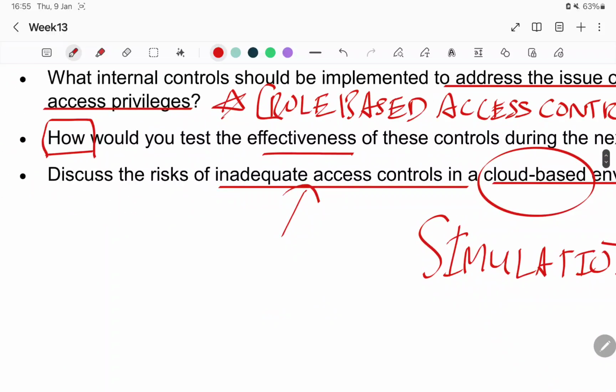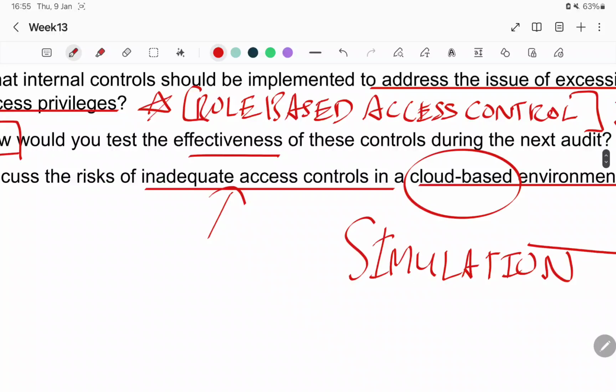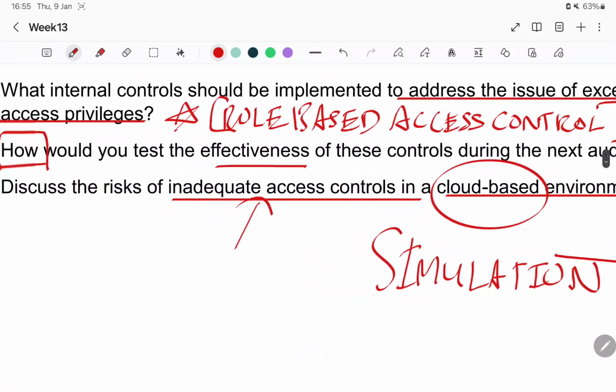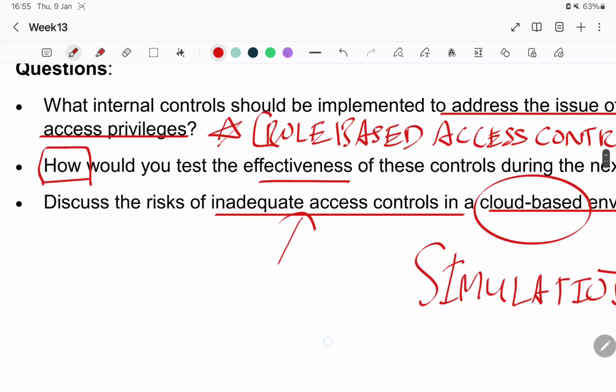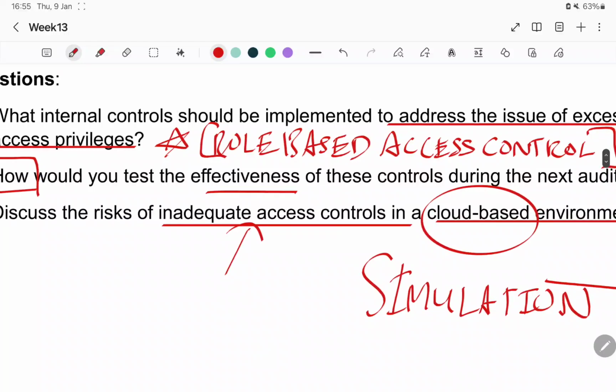The risk is, with inadequate access control in the cloud-based environment, it can be exposed to someone hacking the password. It can lead to a data breach. It can cause a lot of issues. Of course, you've got the list.